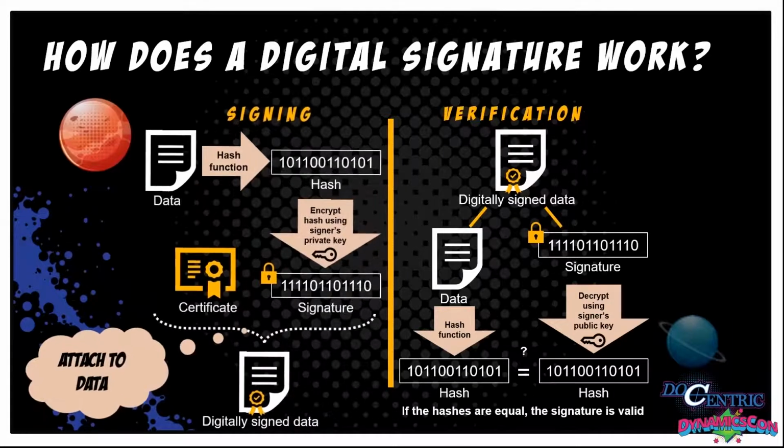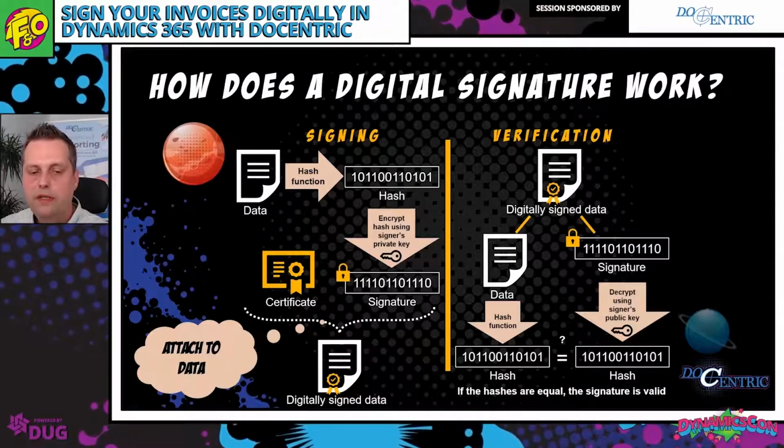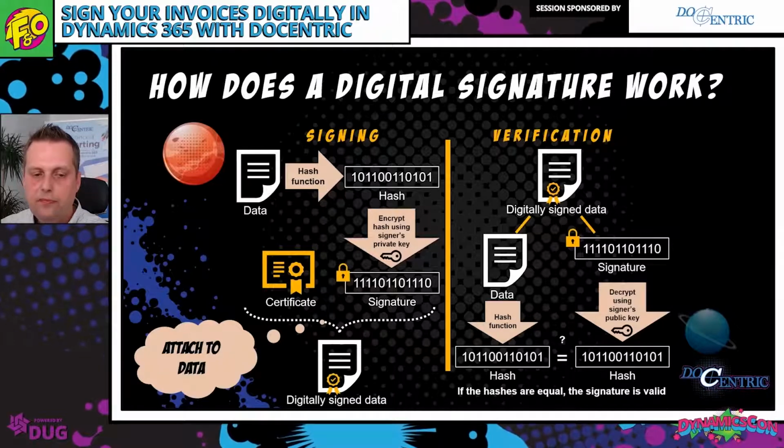So when we start with signing, we first calculate a unique value by using a hash algorithm. Then the certificate's private key is used to encrypt the signer's hash, and the result we get is the digest, or as we call it, the digital signature. The signature is then attached along with the public part of the certificate to the data.